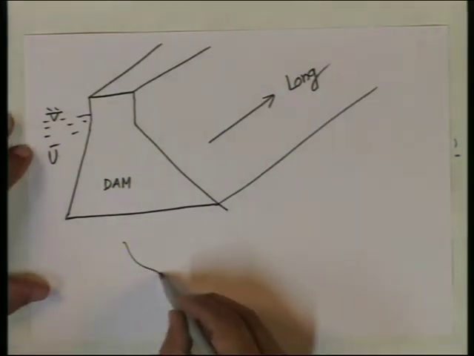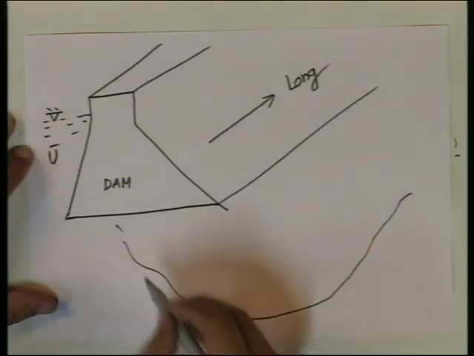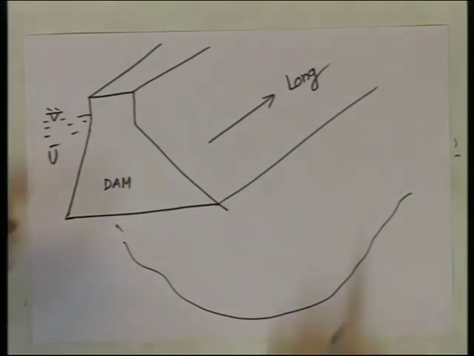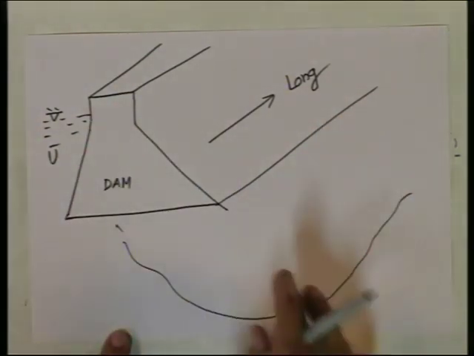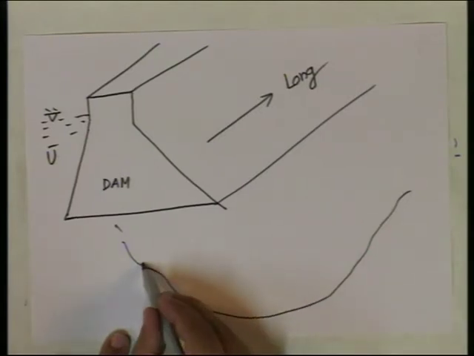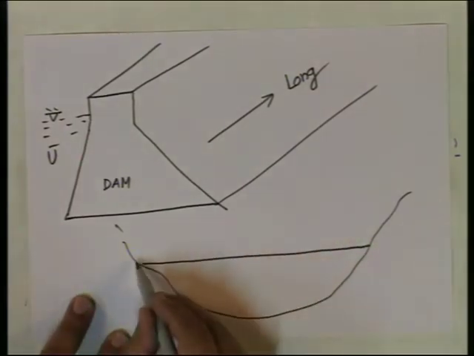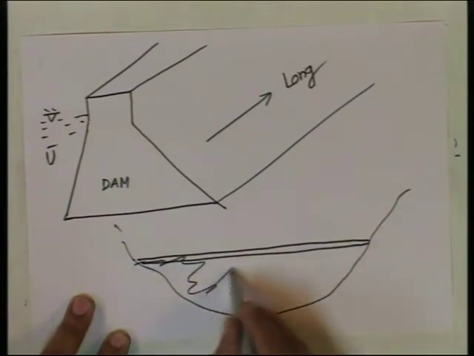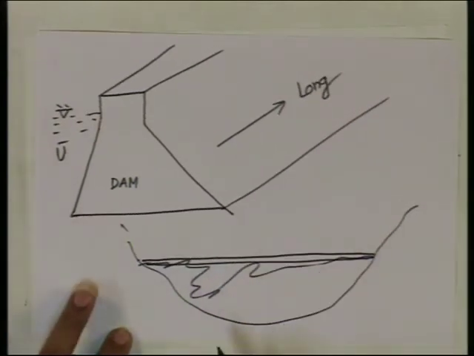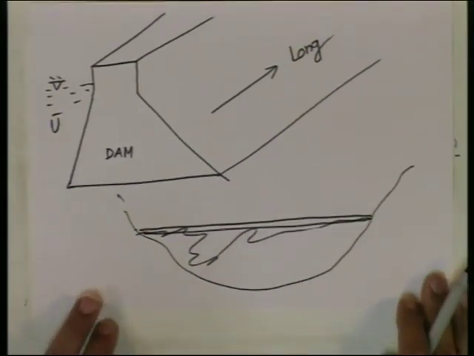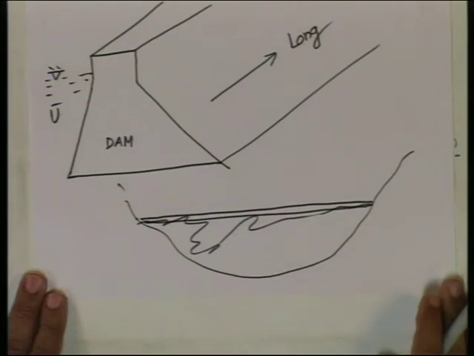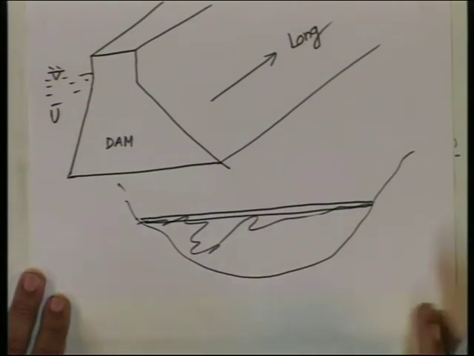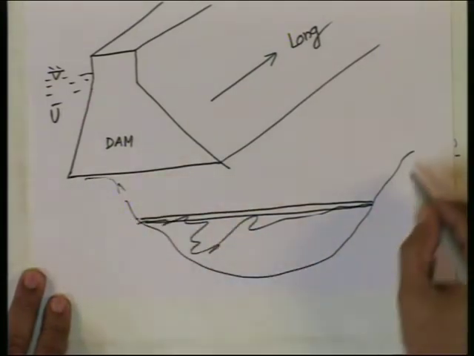You will create a dam when the terrain is something like this, with a river flowing here, and you will try to block it by constructing a dam here. You block the water on one side, and then release it depending upon your requirement, produce hydroelectric power and things like that. So, for a dam, this terrain is important.